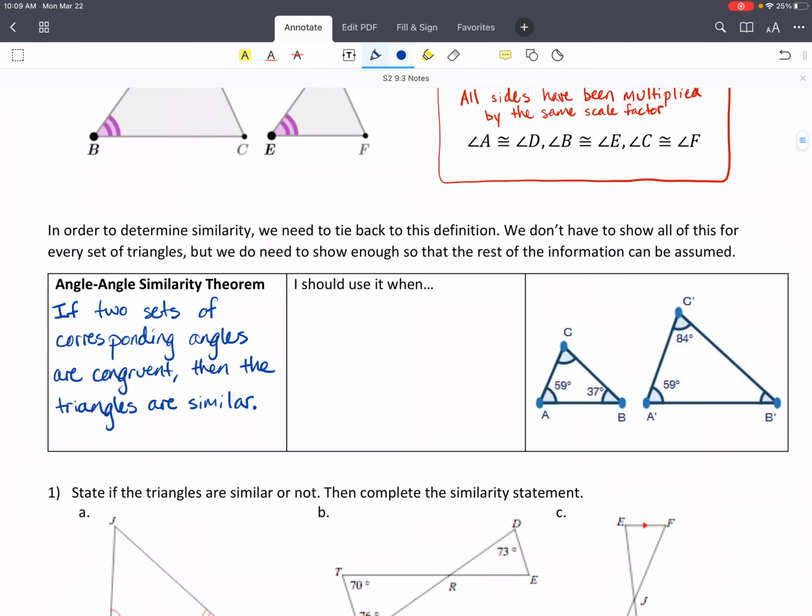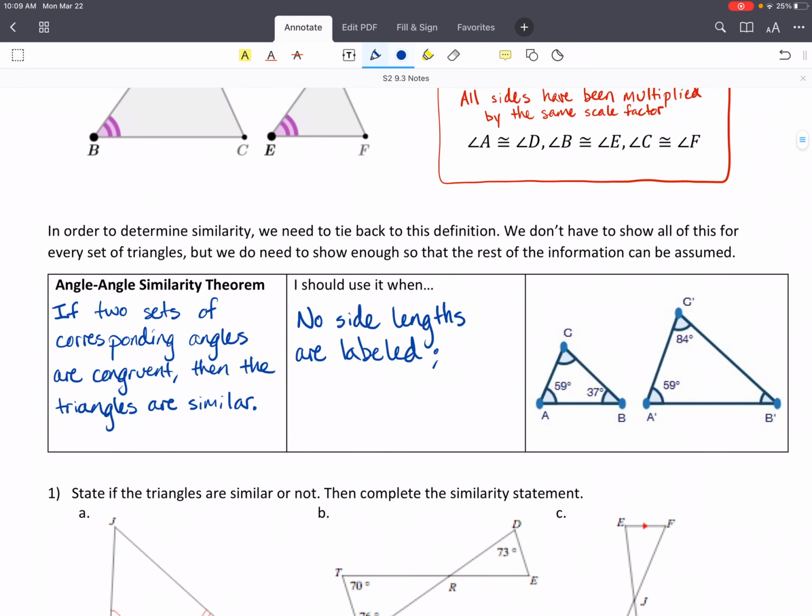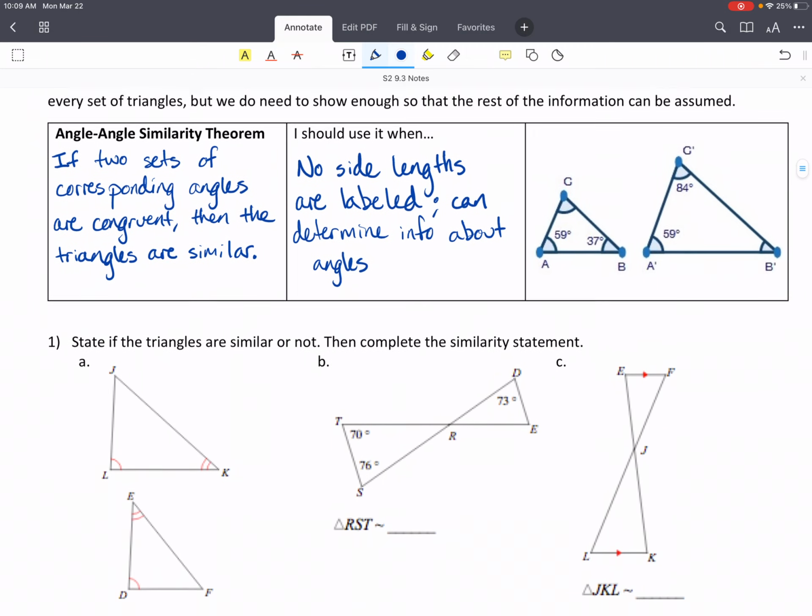So the best time to use this is when no side lengths are labeled in your triangles. Basically, we're just going to determine our info about our angles.